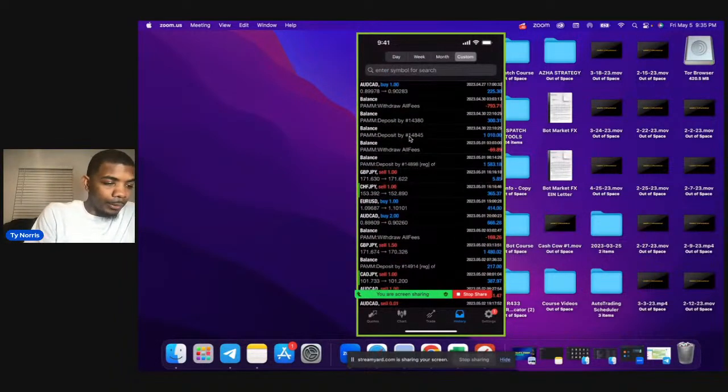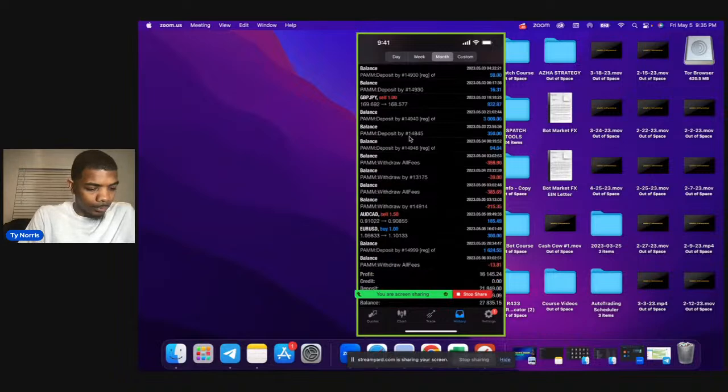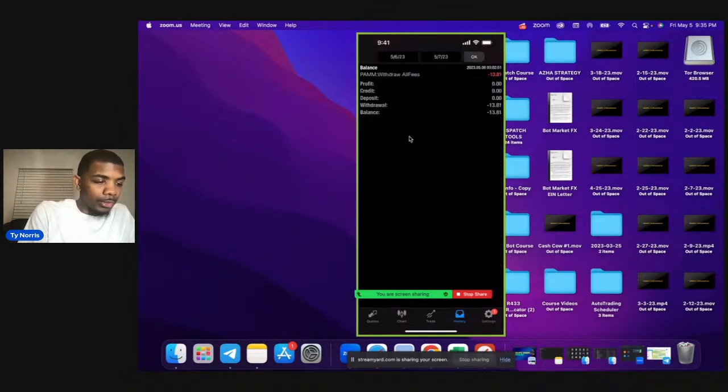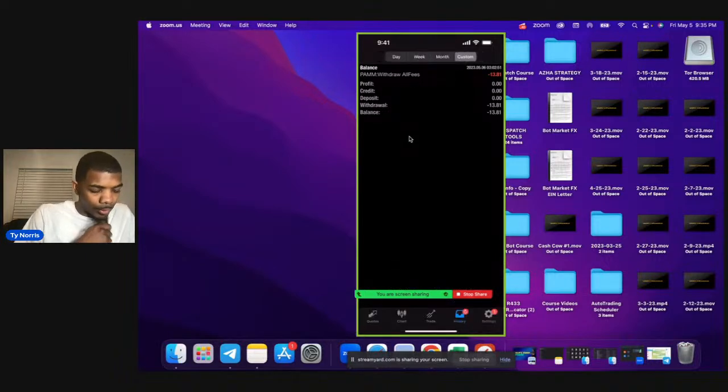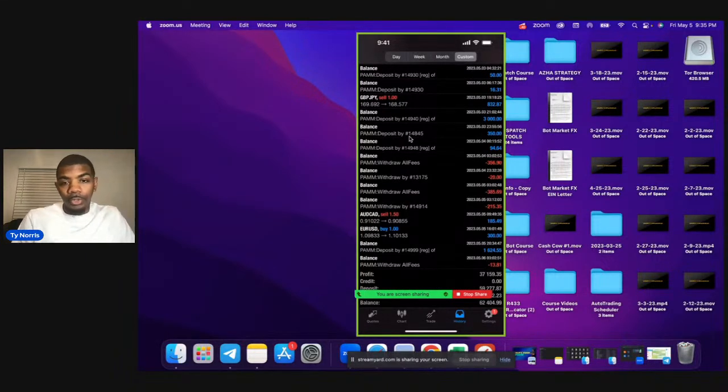Let's just see, for the month, I'm up 16,000 from using this indicator as well. And I can take it all the way back to the beginning of this year, since January the 1st. You can see I'm up 37,000 on this account.